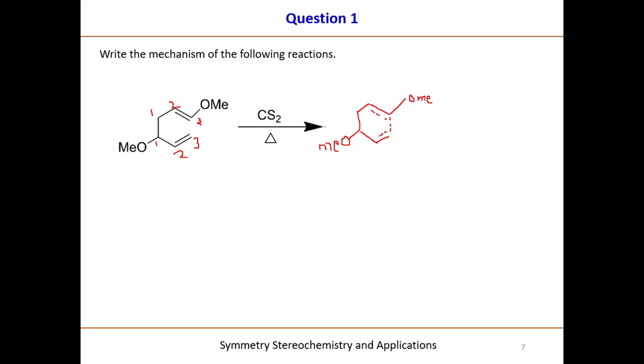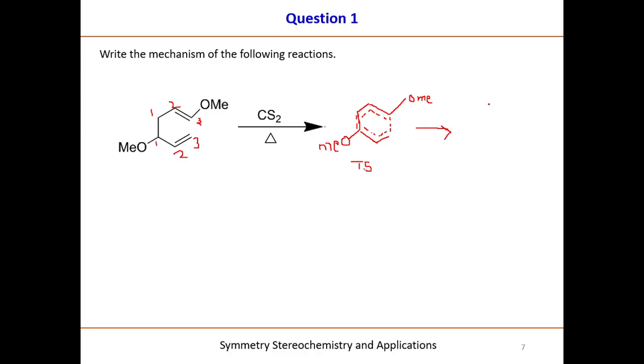The 2, 3 bond will break and the 1, 2 bond will form. And this is also a dotted line. Don't consider this a full line. And this is the transition state. A 6-member cyclic transition state we will observe here, and the formation of product will take place here. I am writing here the cyclic transition state.